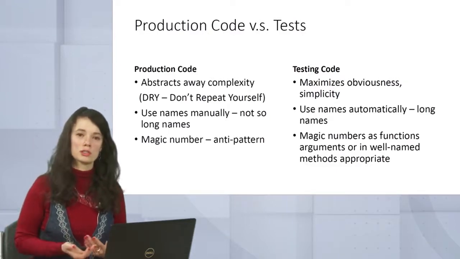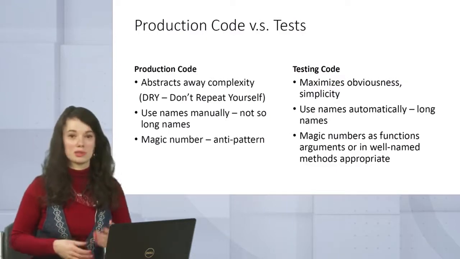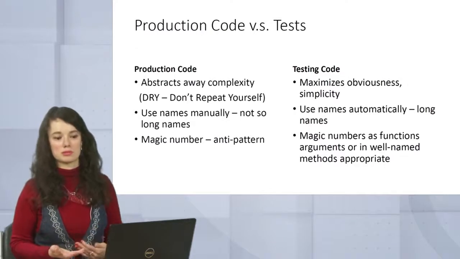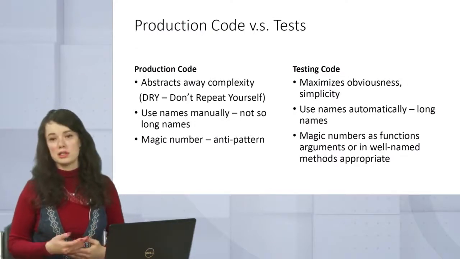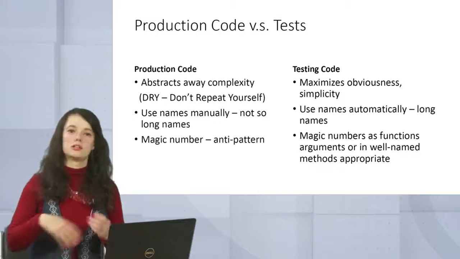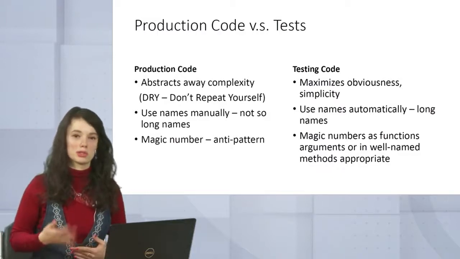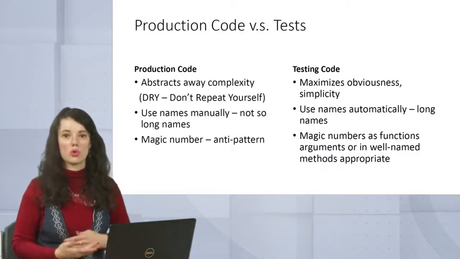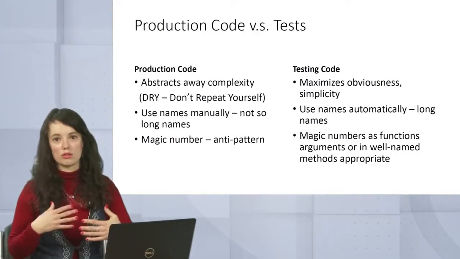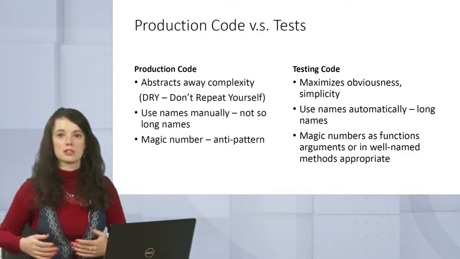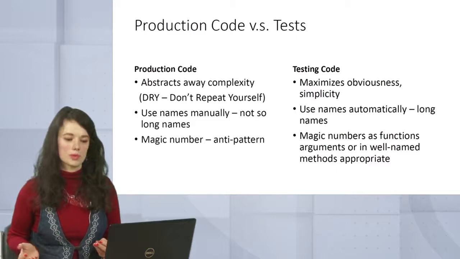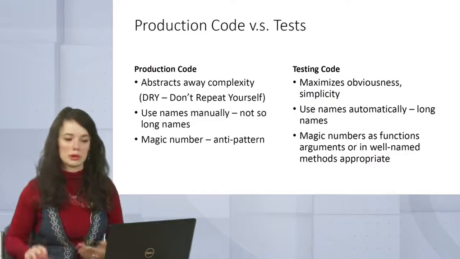In production code, magic numbers, for example as arguments, are an anti-pattern. In testing code, they may be a pattern because you read your testing code in the command line and it's easier to understand the testing function when it's all in one place of code.